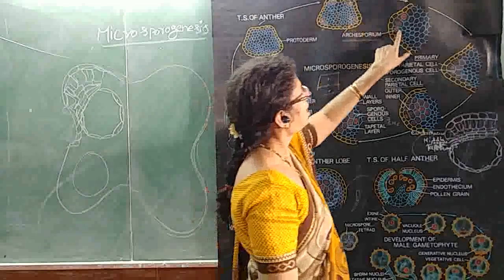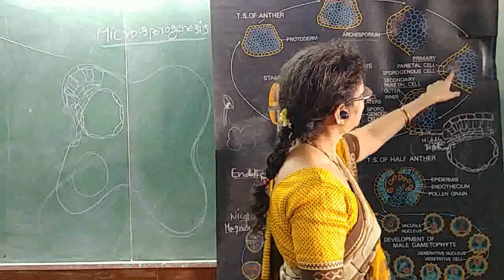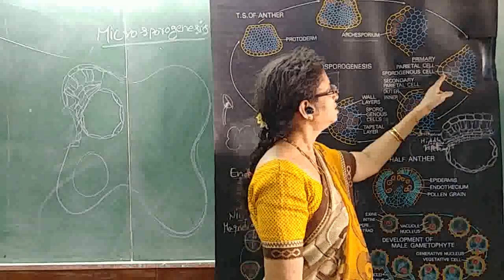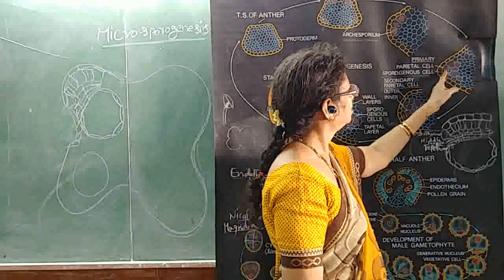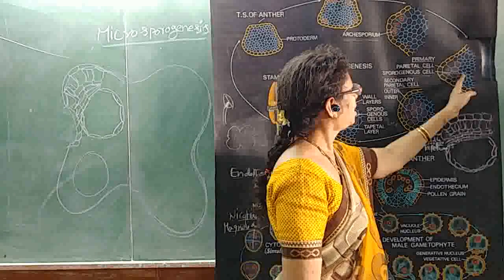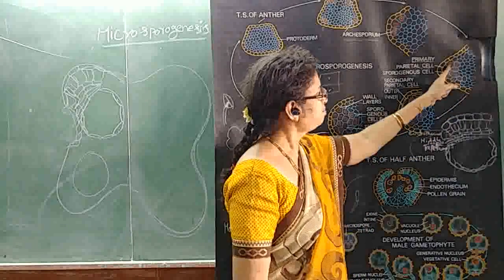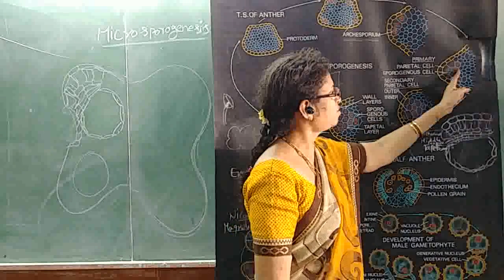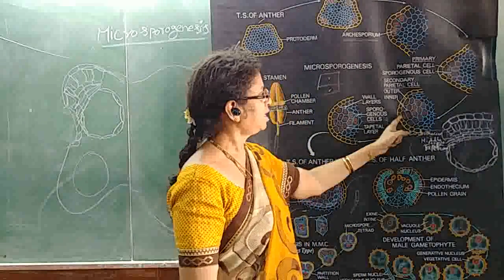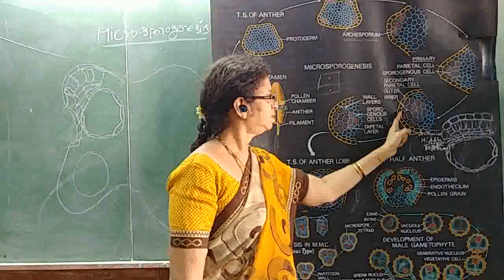And this archisporial cell or cells, they are periclinally divided and form parietal cells on the upper side and sporogenous cells on the lower side. These parietal cells, which are formed outside the archisporial cells, by a number of periclinal or anticlinal divisions, form the anther wall.